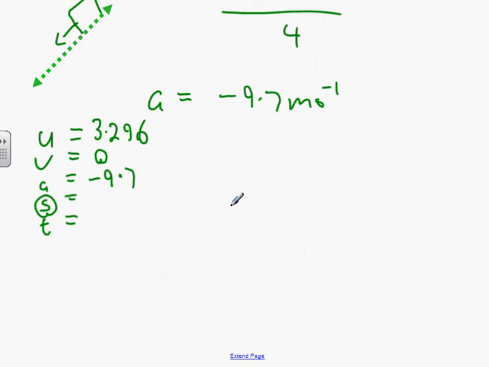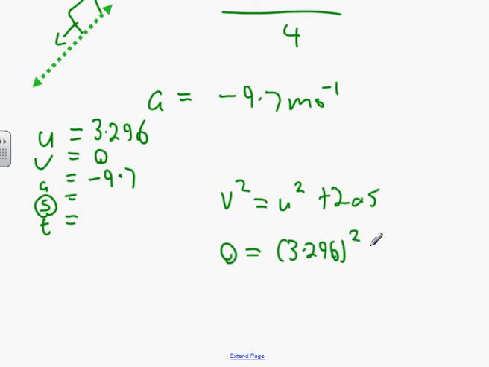So let's find out what s is. v squared equals u squared plus 2as. v squared is 0, so it's 3.296 squared plus 2 times minus 9.7 multiplied by s.